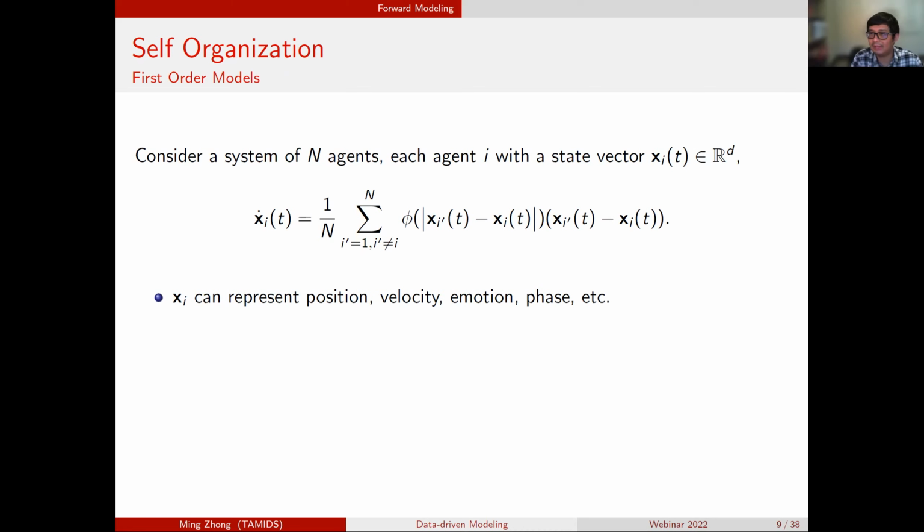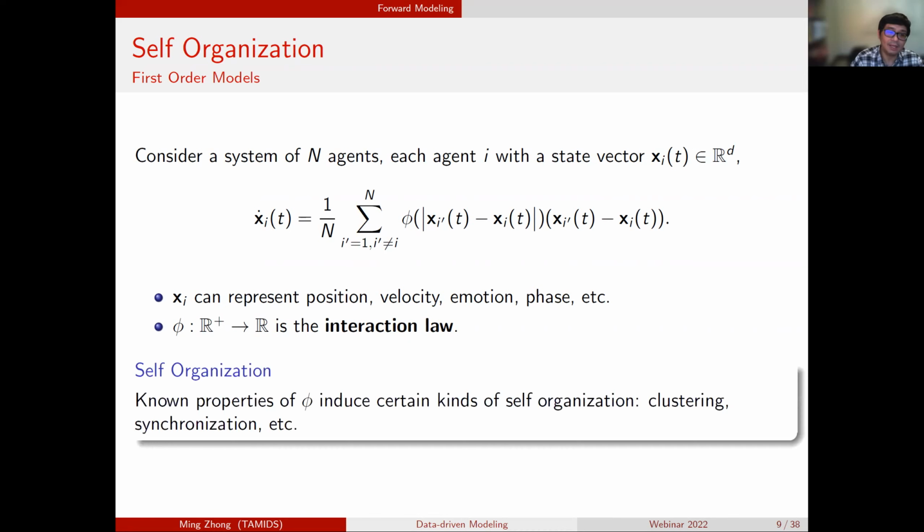And I want the change of the state of each agent to be an average sum of all of these functions, which we call the interaction law, that govern how agent i prime interacts with agent i. So it's an average sum of all these interaction laws applied to the pairwise distances and then weighted by the pairwise differences. Okay, so I want this change to follow that.